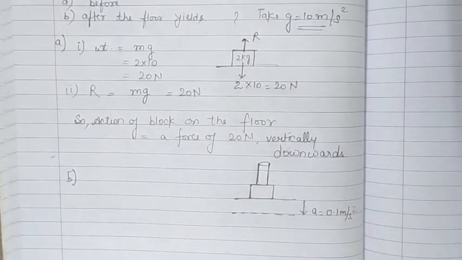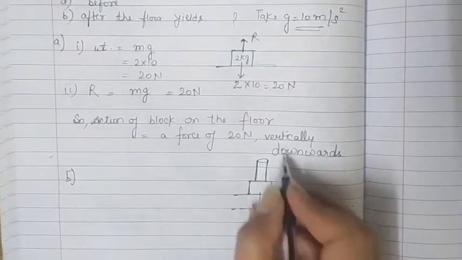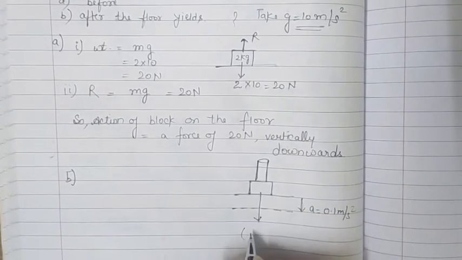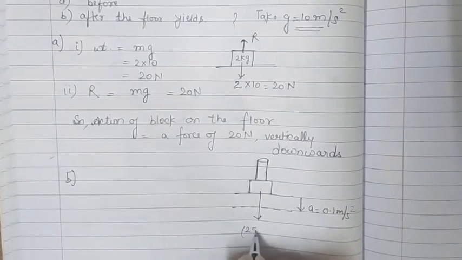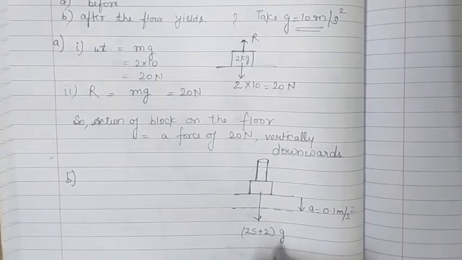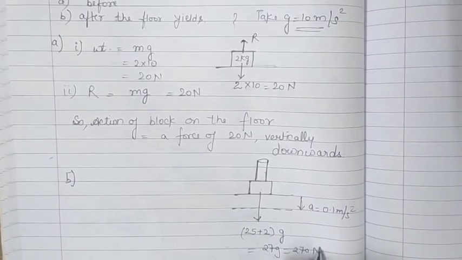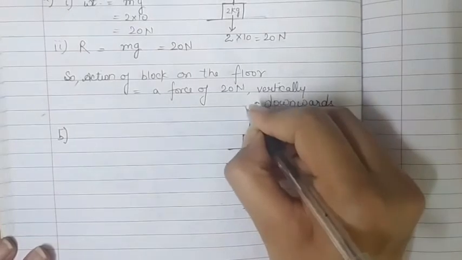In this case, the forces acting on the system are the weight of the system, means this time we have mg, which is equal to mass, the sum of the masses of both cylinder and block, that means 25 plus 2 g, or we can write it as 27 g, that means 270 Newton, because g is equal to 10, and there is a normal reaction R dash.